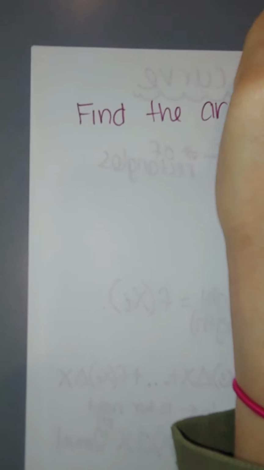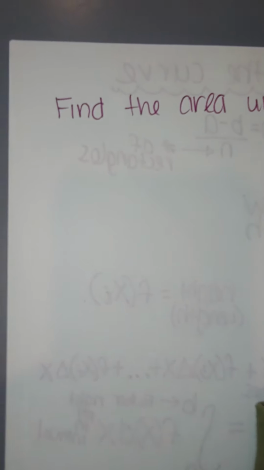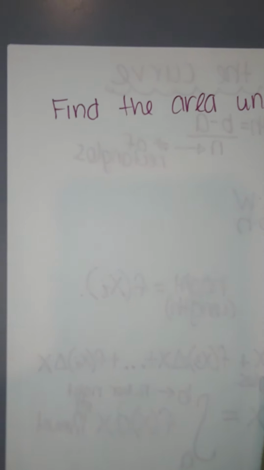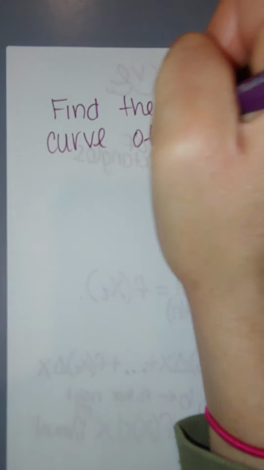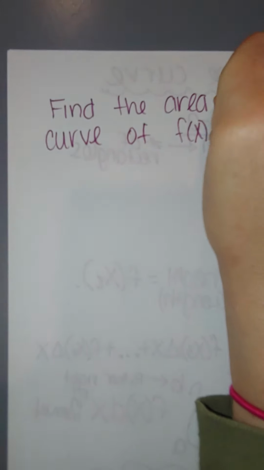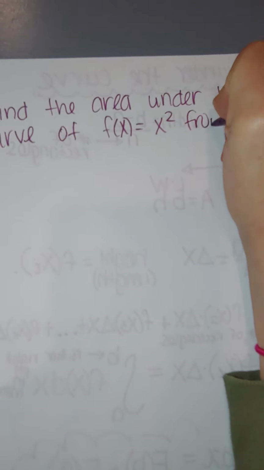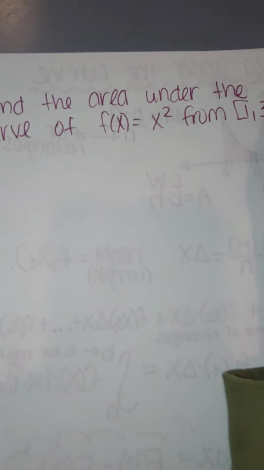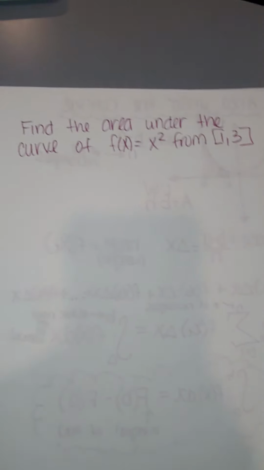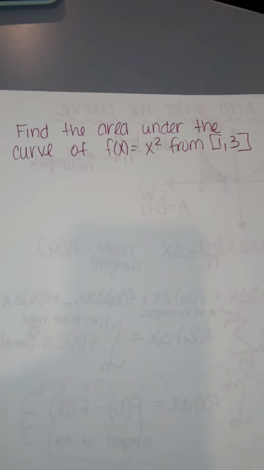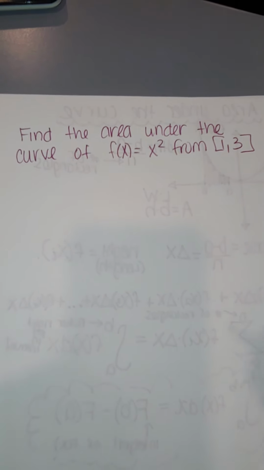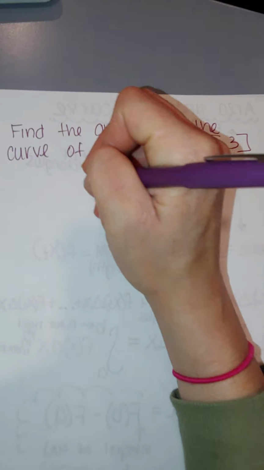Okay, so we're going to find the area under the curve of f of x is equal to x squared from 1 to 3. All right, so the first thing we're going to do is we're going to make the definite integral.